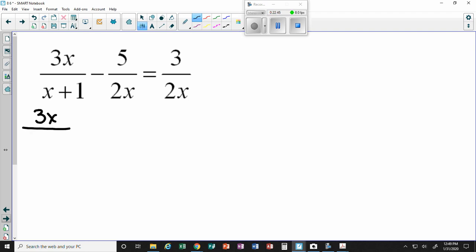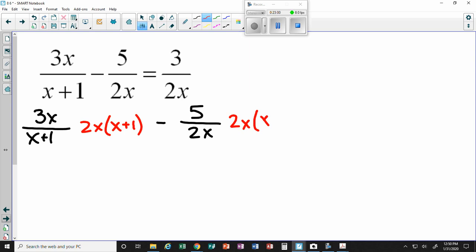So this is going to be 3x over x plus 1 times 2x times x plus 1 minus 5 over 2x times 2x times x plus 1 equals 3 over 2x times 2x times x plus 1.